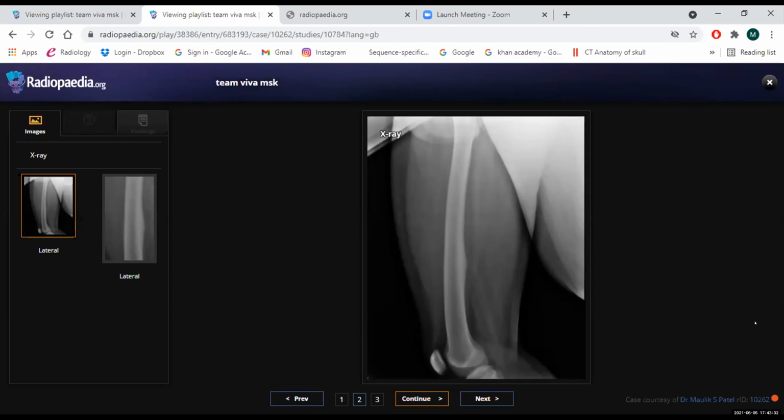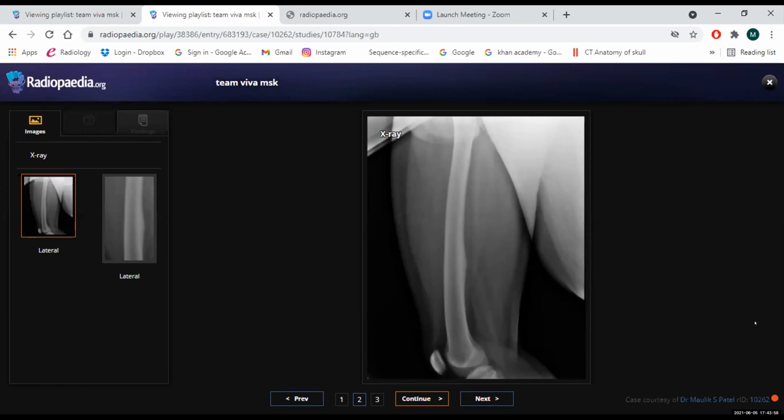This is a lesion with a narrow zone of transition, and I cannot see any periosteal reaction, and the other cortex is normal. There is no significant associated soft tissue component. I cannot see any chondroid matrix or any cortical break. So with this description and the clinical history, my diagnosis would be osteoid osteoma.